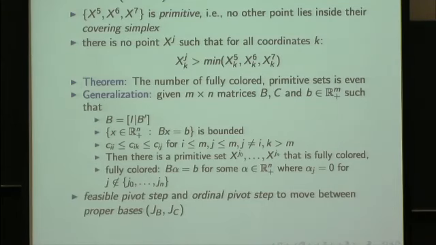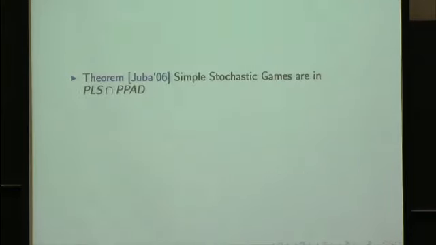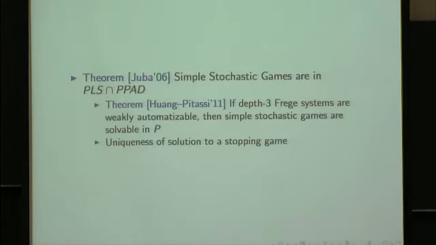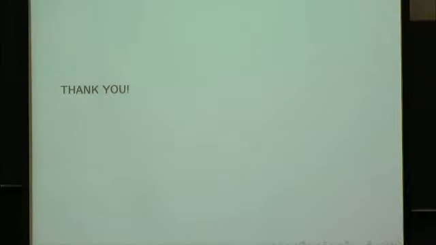The reason it is in PPAD is because we can talk about bases, and there are two different steps that take you to two different bases, and these two different steps give a sense of direction for the graph. I'm not going to talk about this simplex-style scheme, which I don't know much about yet. And that's it. Thank you.